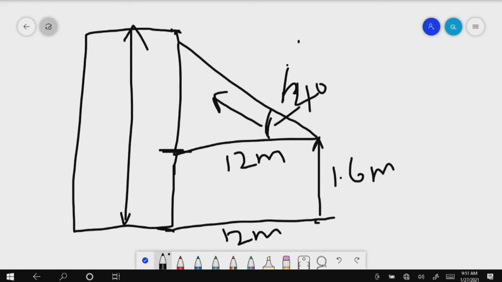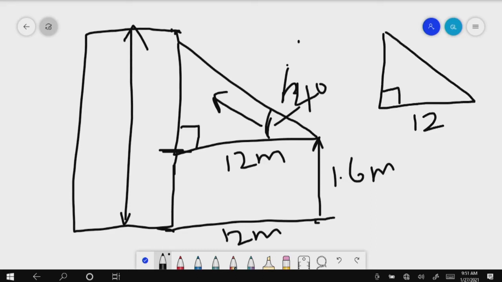Now applying one of the trigonometric ratios, because the horizontal line of sight to the building and the building wall makes an angle of 90 degrees, there we have a right angle triangle. If we were to cut this out, the distance between the surveyor and the building is 12 meters. The angle of elevation is 40 degrees.